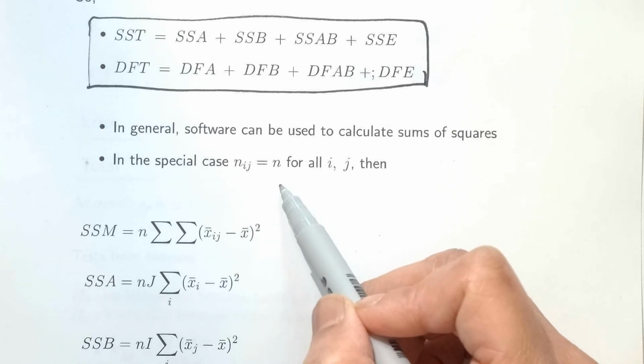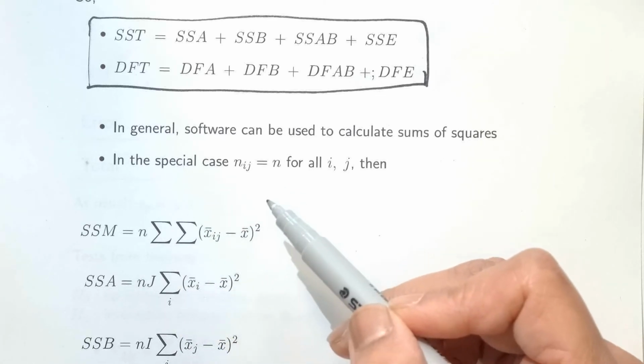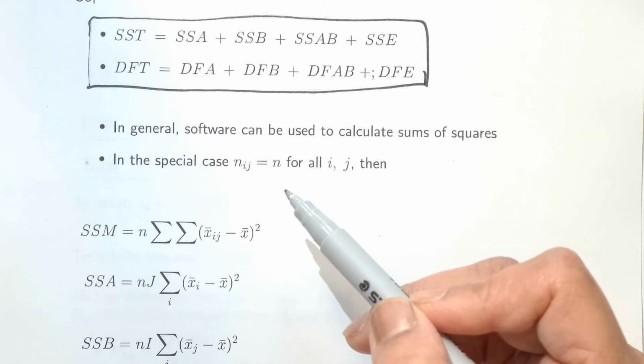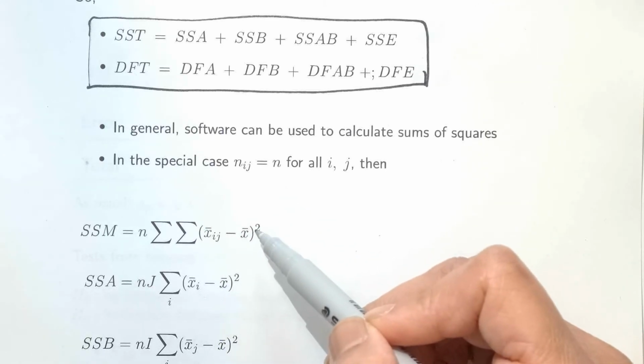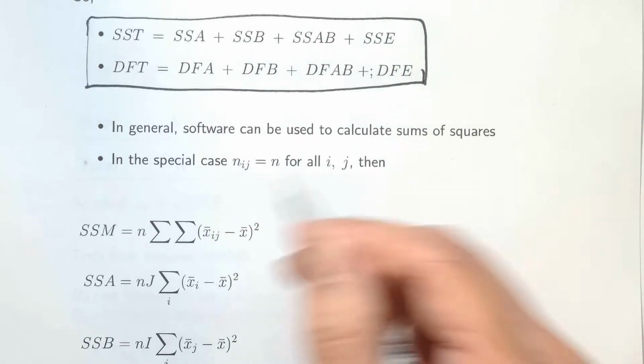When we do this and look back at our formulas for sum of squares model and sum of squares A and B, this means we can replace the Nij that we had in sum of squares model by n.